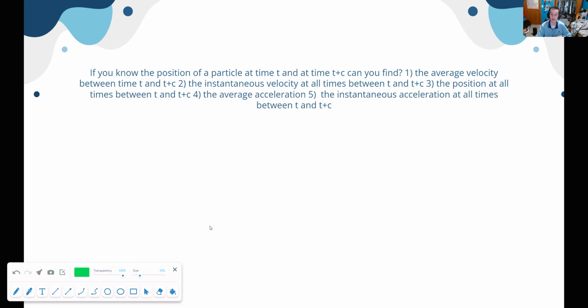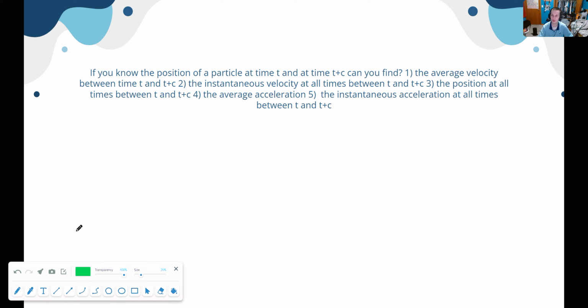Okay, so next question. If you know the position of a particle at time t and at time t plus c, can you find 1, the average velocity between time t and t plus c, 2, the instantaneous velocity at all times between t and t plus c, 3, the position at all times between t and t plus c, 4, the average acceleration, 5, the instantaneous acceleration at all times between t and t plus c?